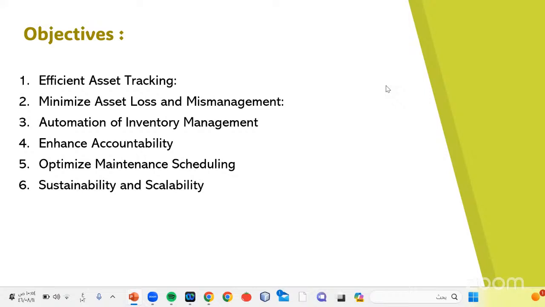Automation of inventory management: the tracking system ensures responsibility at all levels. Enhance accountability: our approach ensures long-term growth and adaptability. Optimize maintenance scheduling. Achieving these goals leads us to streamline operations, reduce cost, and ensure long-term success.